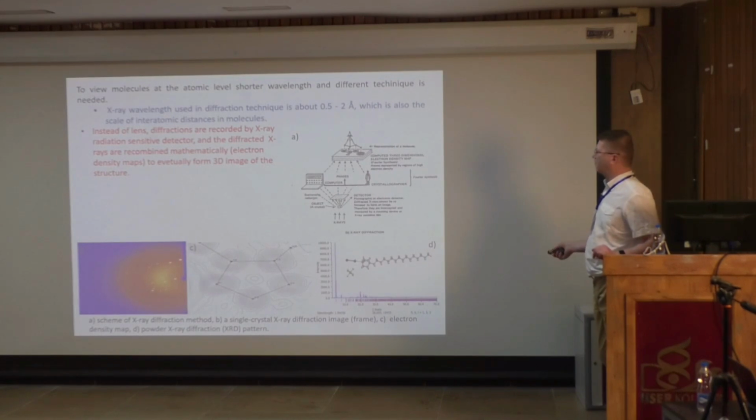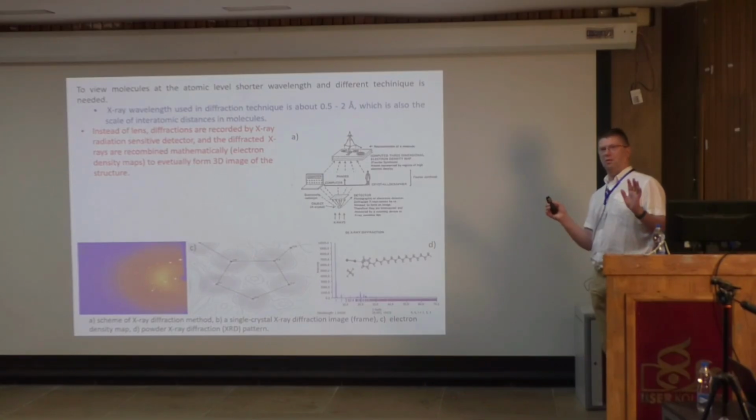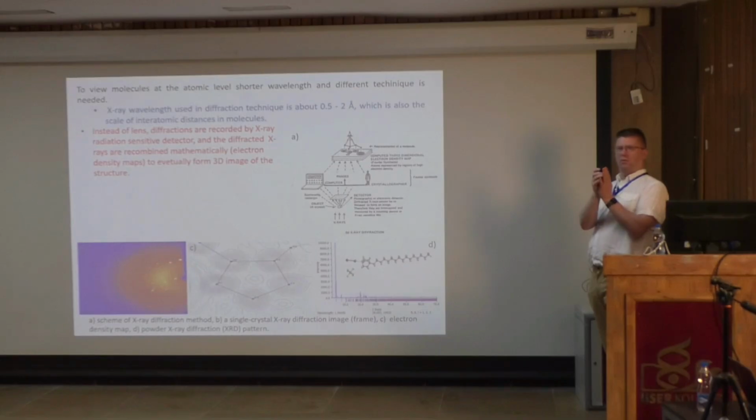And finally, we use computer programs to visualize the structure, because what we are showing is really a model which is placed on top of the electron density. So we have two things: the real electron density from our crystal and then our model. And they have to interlock. They have to be the same.